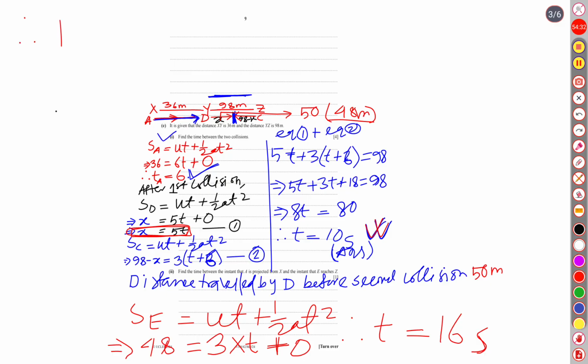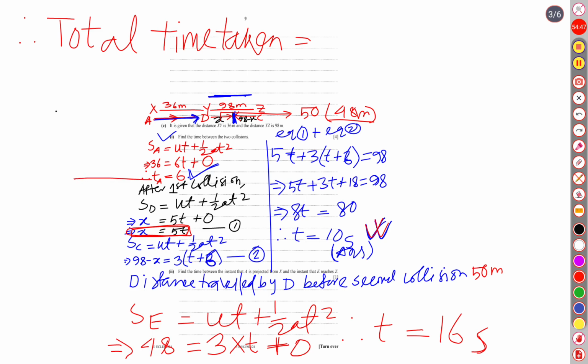So, the total time taken, they have told us to find. First, A reached D within 6 seconds. After that, D reaches this point taking 10 seconds.